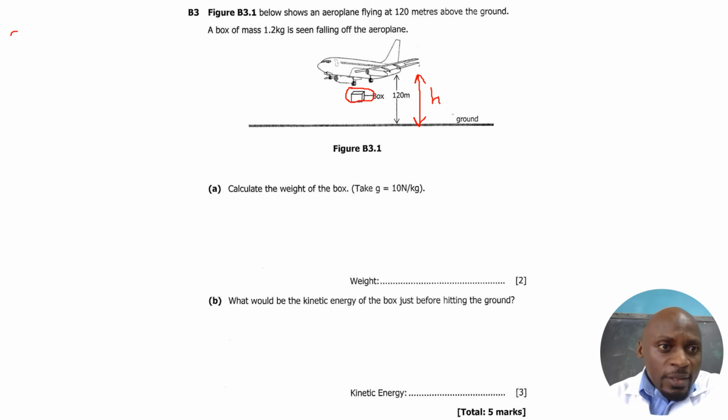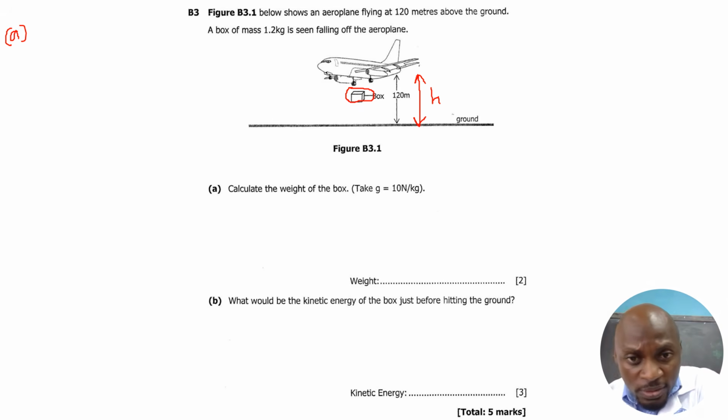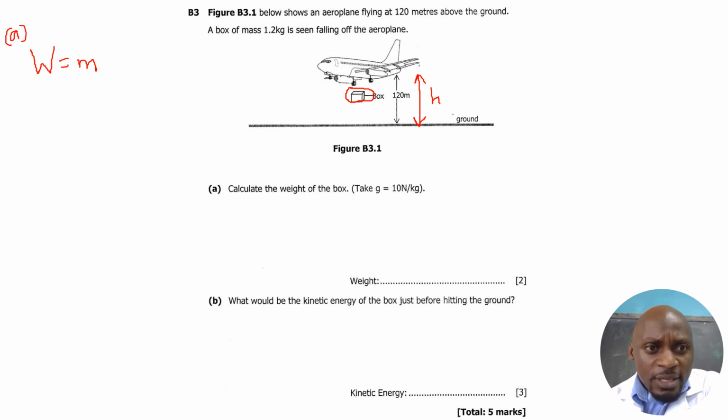Part A reads: calculate the weight of the box. We've been told to take g, representing the strength of gravity, to be 10 newton per kg. So we know that weight equals mass times the strength of gravity.